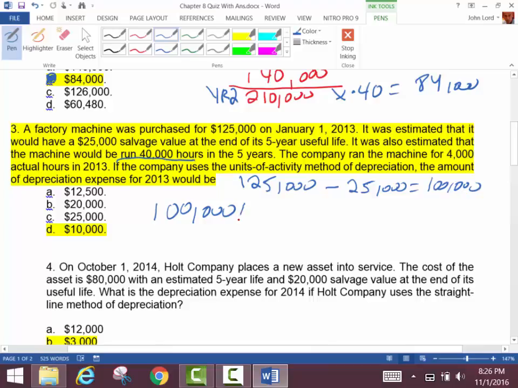So since it's supposed to run for 40,000 hours, that means I'm going to use up how much per hour on that machine? $2.50 an hour, right? How many hours did they drive it? Did they use it? They used it for 4,000 hours. So the depreciation should be 10,000.